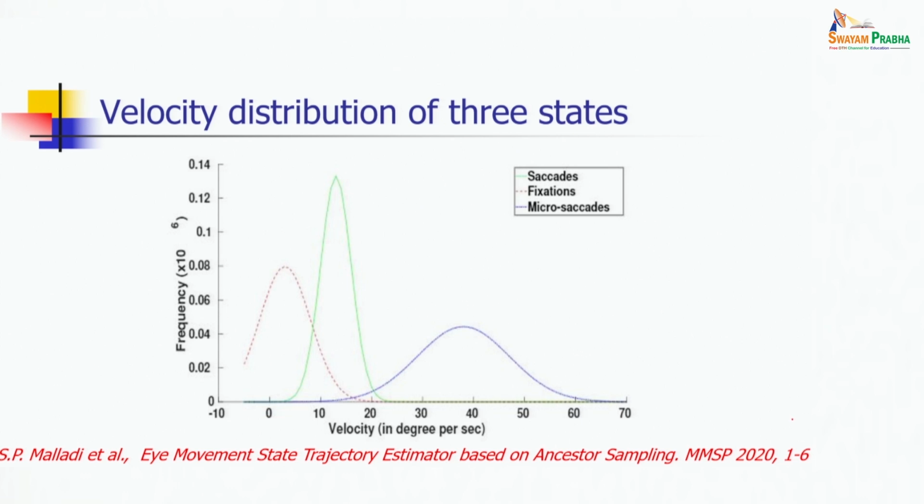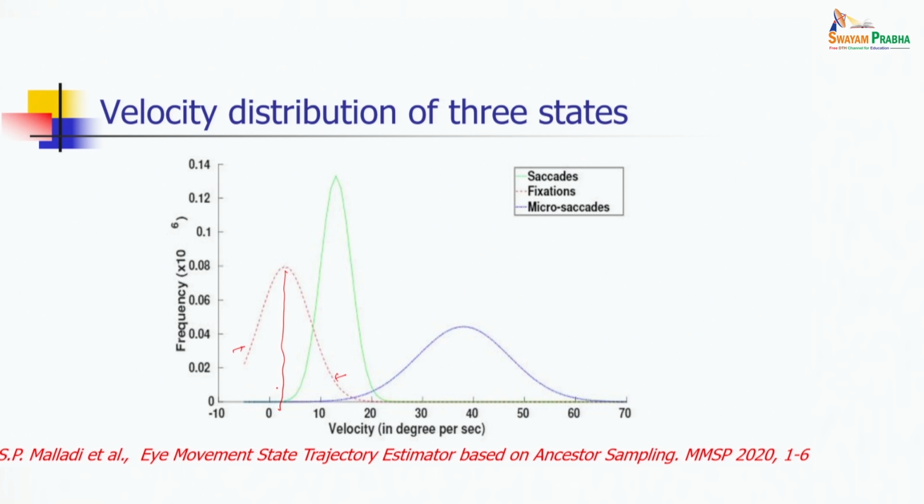We found that these are the velocities. We have already mentioned those ranges, and these are in degrees per second. You can see that this is the fixation, where the velocity is less. On average, it is around 5 to 6 degrees per second. No, 2 to 3 degrees per second.